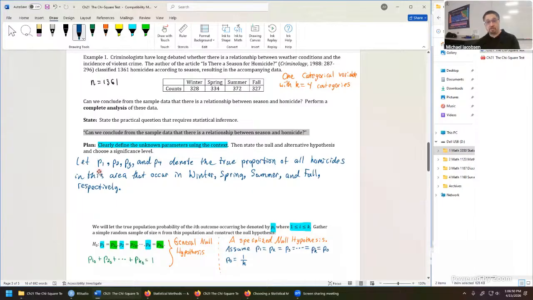So we let P1 through P4 denote the true proportion of all homicides in this area that occur according to one of these 4 seasons, winter through fall, respectively. With that all on paper, we're ready to start stating the hypotheses. And that's a pretty good screenshot we have down below here. Let's cite that for the next step. Any questions at all, folks, with the recap?